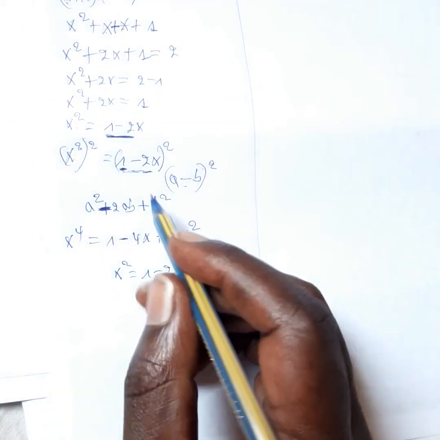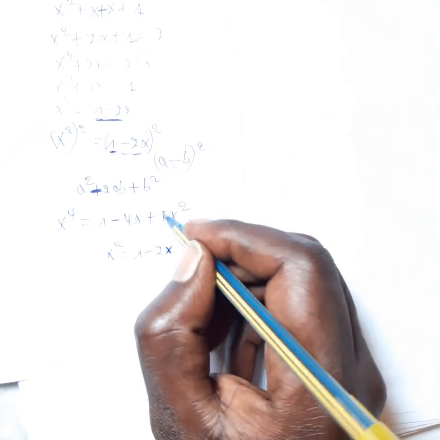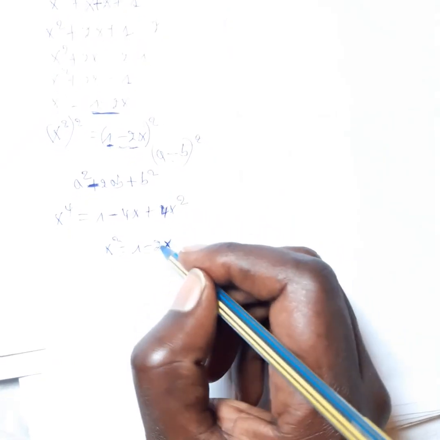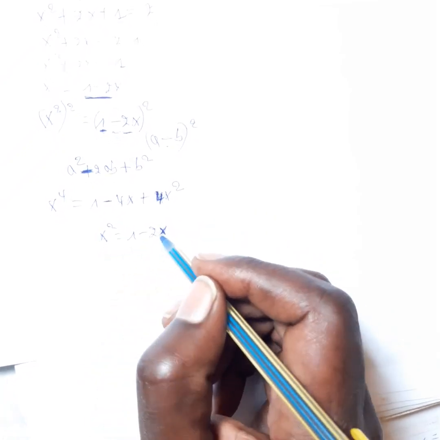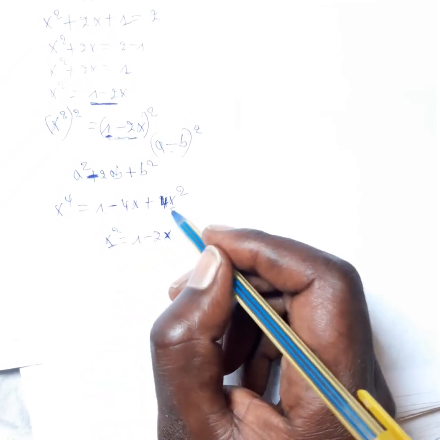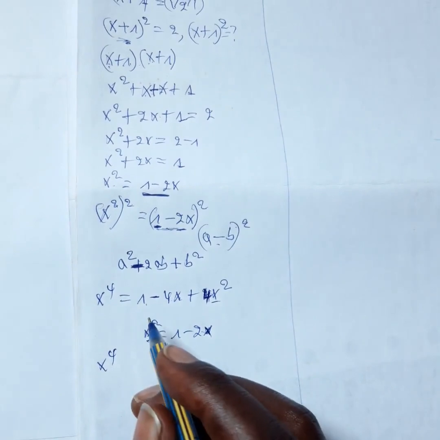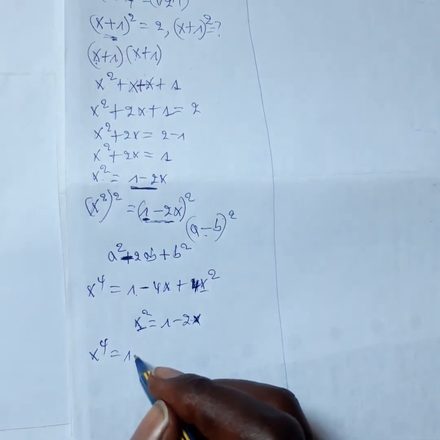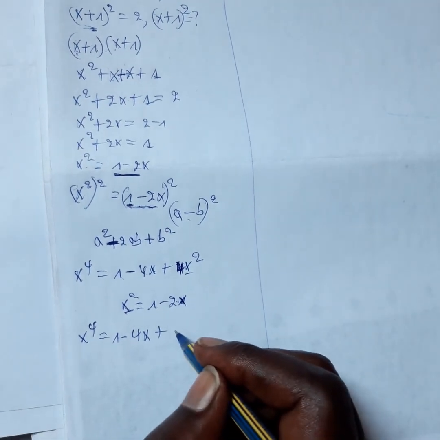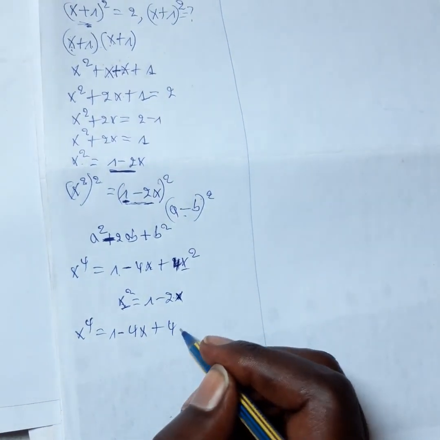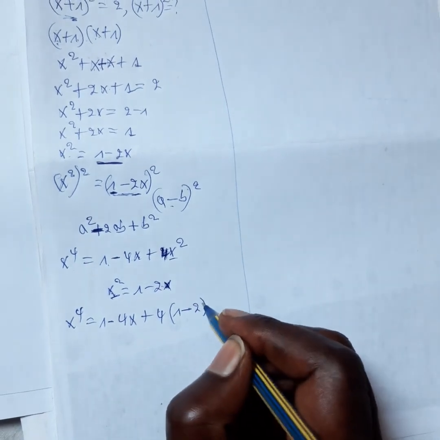Here we will have 1 minus 4x plus 4, and x squared is equal to this one, so we are going to replace this x squared. So we have x to the power 4 equal to 1 minus 4x plus 4 times (1 minus 2x).